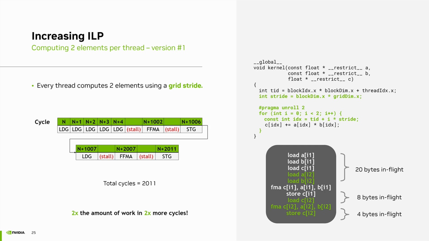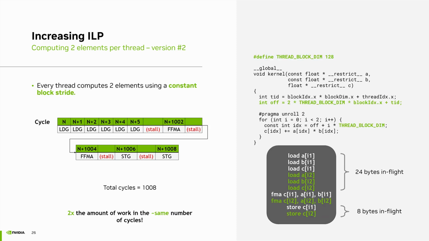Because of the restrict keyword up there? No, the reason is that the grid stride here is not fixed. It's not a compile time constant. So the compiler cannot know that the grid stride here is not 0, for example. So in the next example, we're basically just using a constant block stride, and that solves the problem. Okay, thank you.